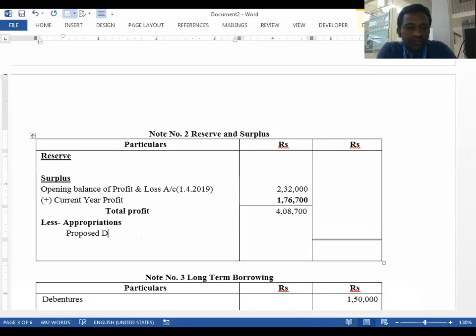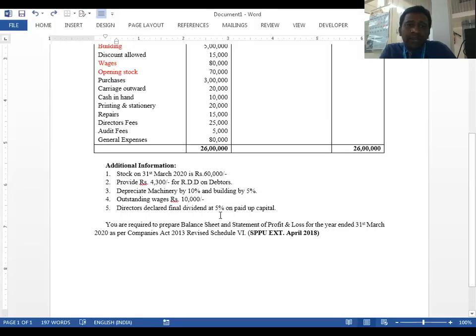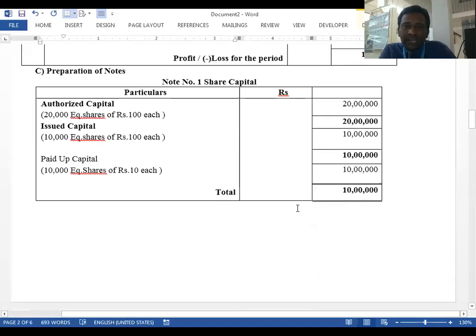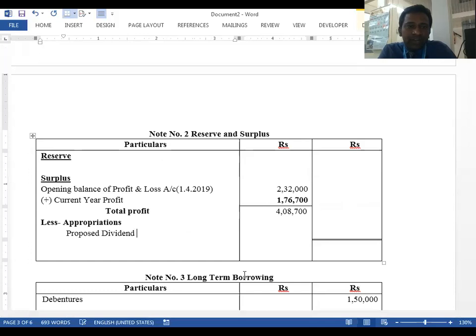Separate adjustment is given in this regard. See here. Director declares final dividend at 5% on paid up capital. So we have paid up capital of rupees 10 lakh and calculate 5% proposed dividend on it. 5% on 10 lakhs is 50,000.